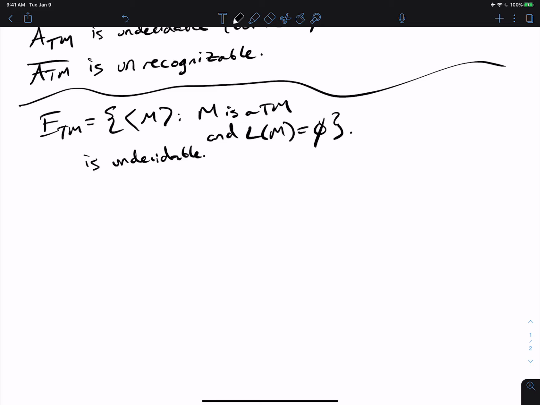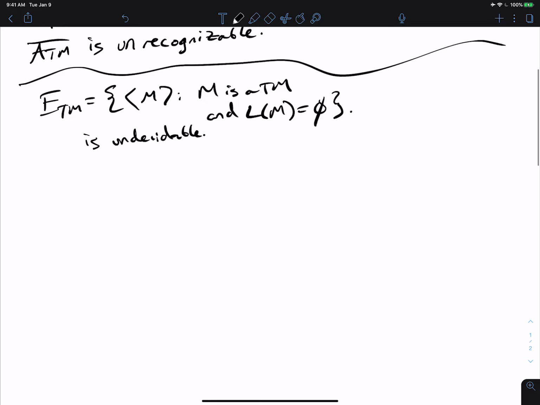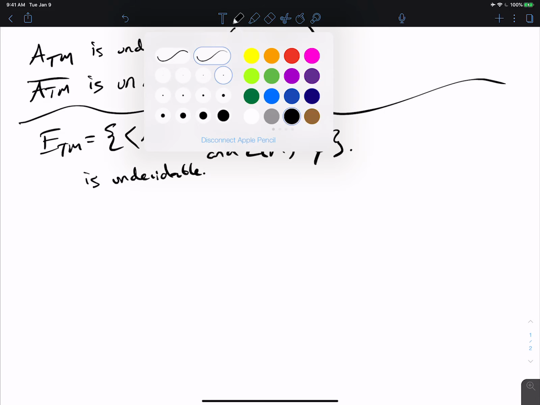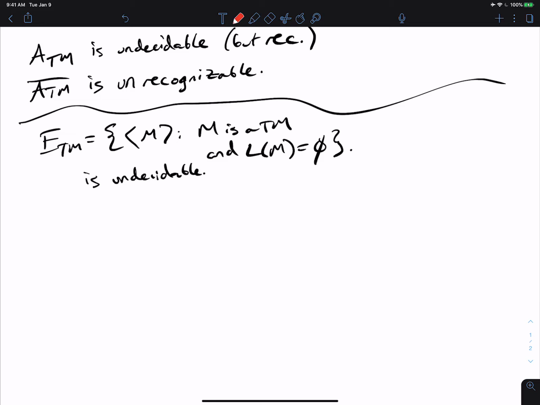So how do we actually use this? We could go through a long undulating proof like we did for ATM last time, but I don't really want to do that. That just seems like way too much work. So here's the idea, and we'll go for some of these results this way, but then we'll get even easier than this. Suppose ETM were decidable.